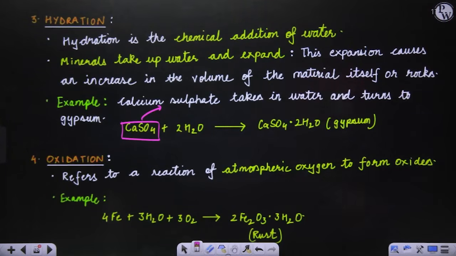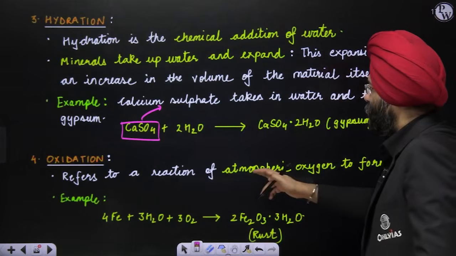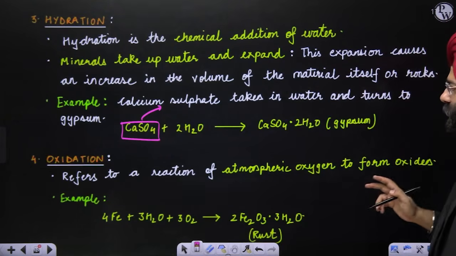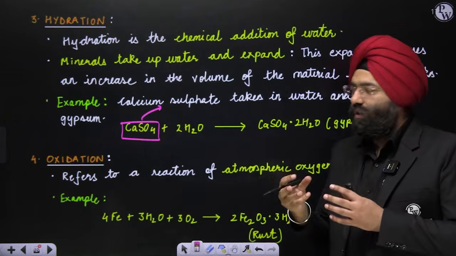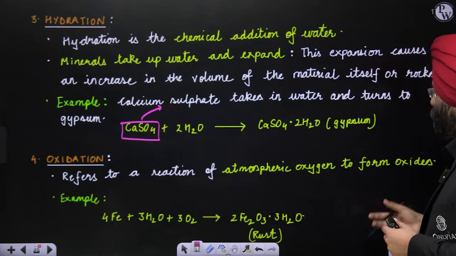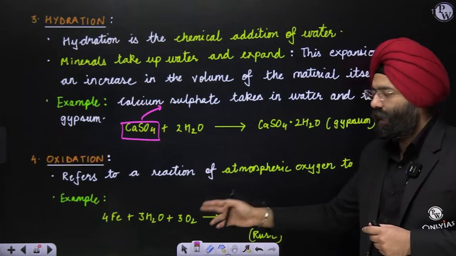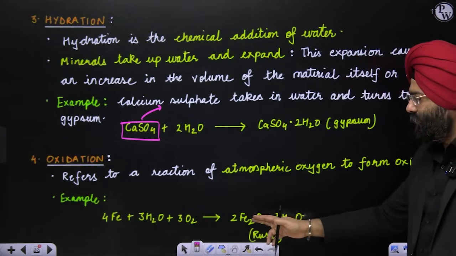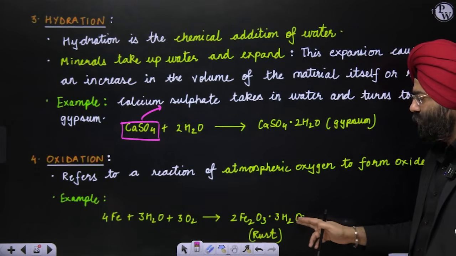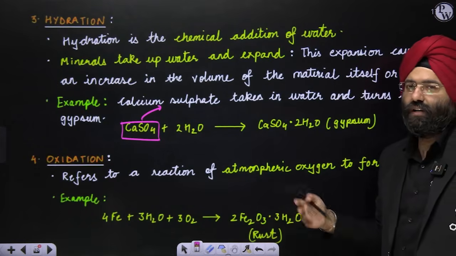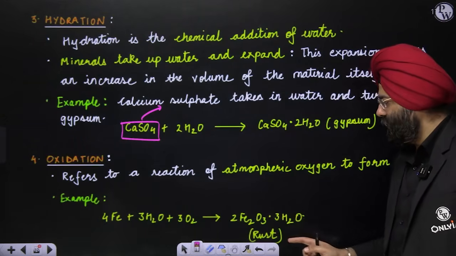Okay. Oxidation refers to the reaction of atmospheric oxygen to form oxides. Now, addition of oxygen to form oxides, what will happen? Let us say iron is reacting with water and oxygen. It forms Fe2O3 plus 3H2O. This is basically rust. This you have done in class 9th and 10th also. So what is happening over here?